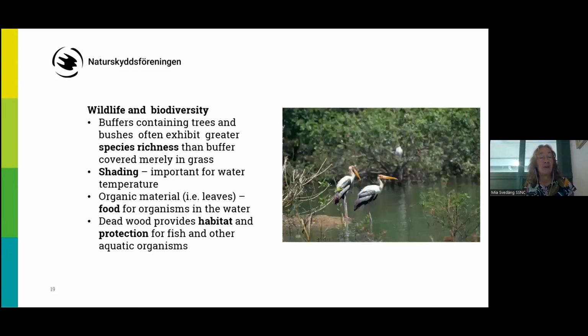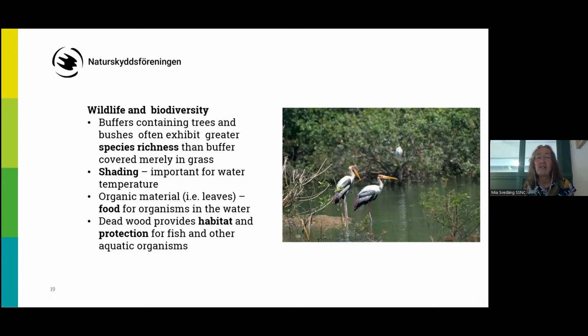And the third thing, and a very important effect of buffer zones, is of course the wildlife and biodiversity aspect. Buffers that contain trees and bushes often exhibit greater species richness than buffers covered merely in grasslands. So it's actually better to have trees and other types of vegetation instead of only grass at the buffer strip.